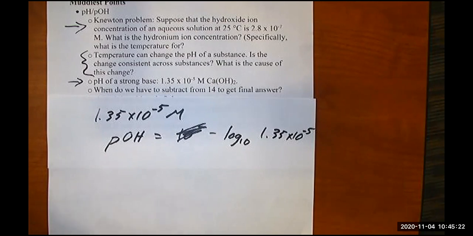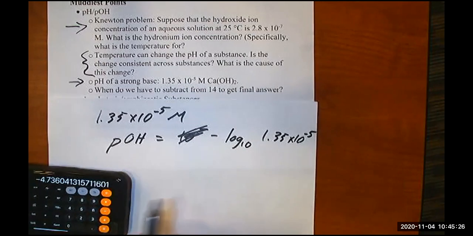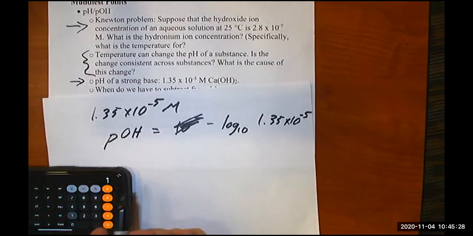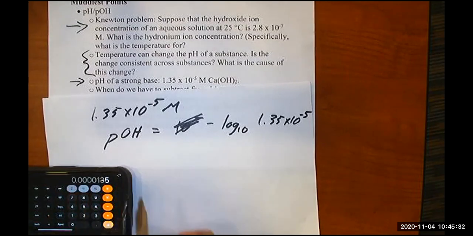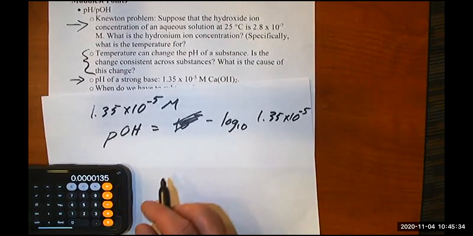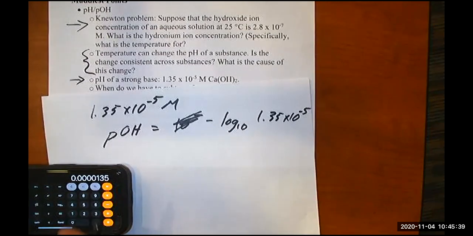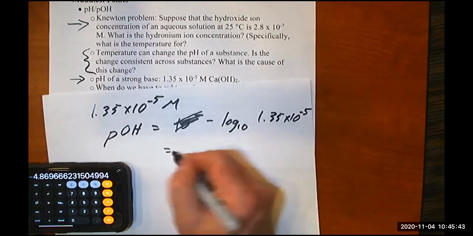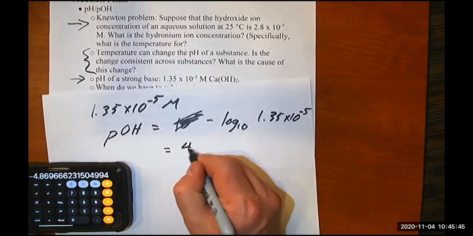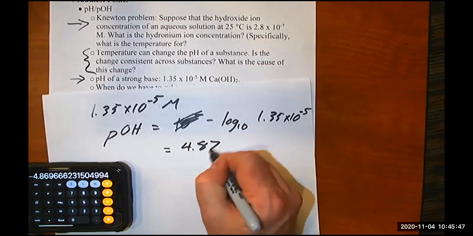Let me get my calculator up. So 1.35 times 10 to the minus 5, and we do log base 10 of that, and we would find a pOH of 4.87.